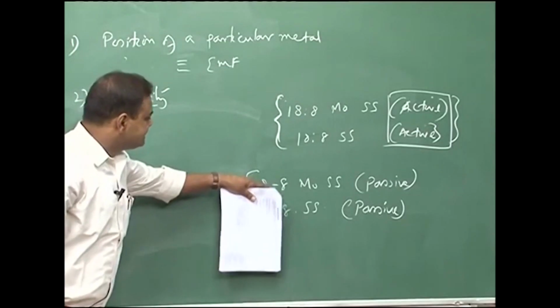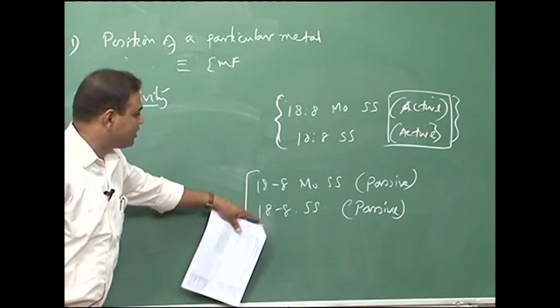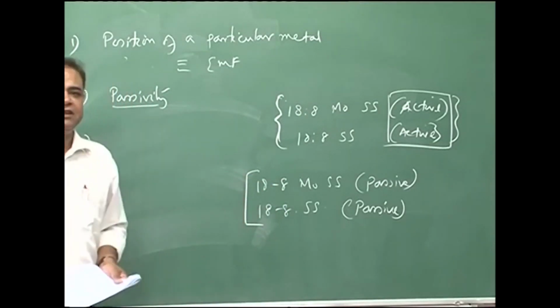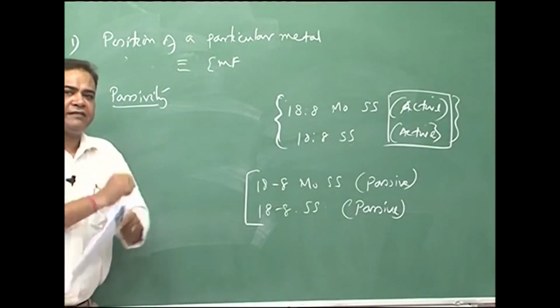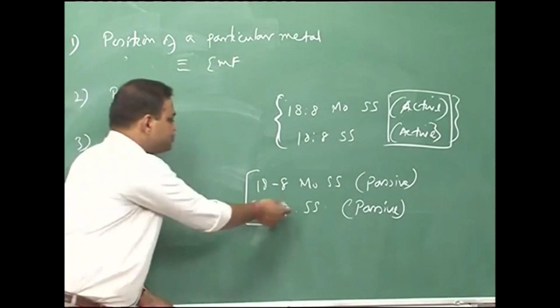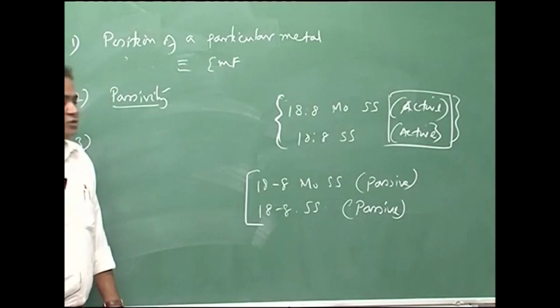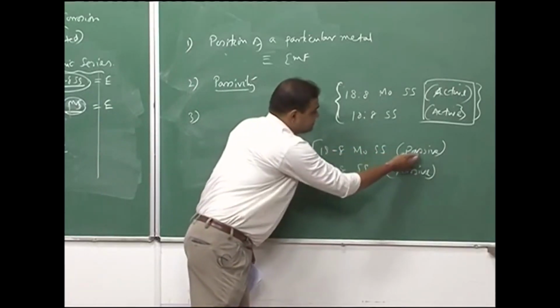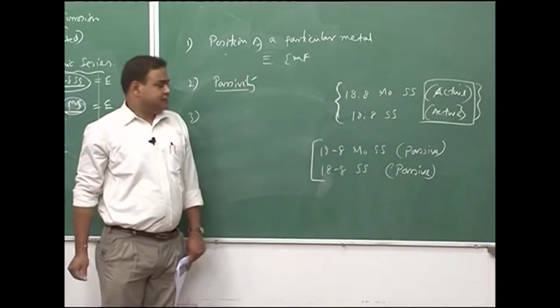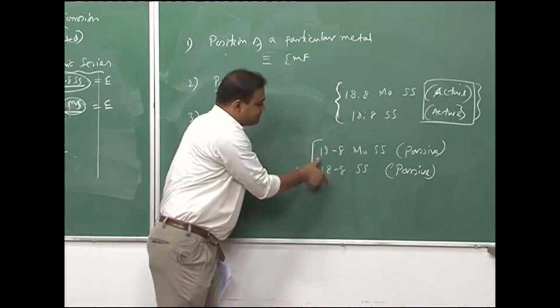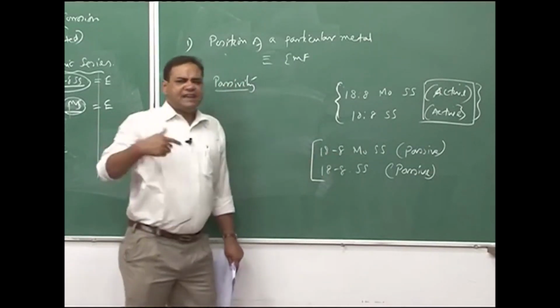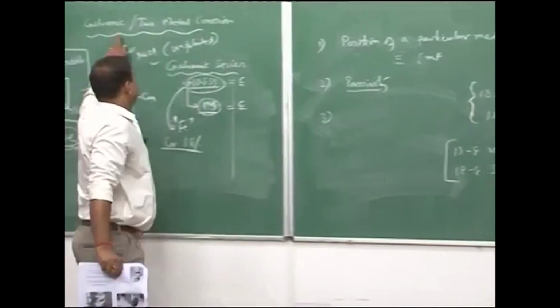It means that these two alloys will act similarly if we make a contact out of these two different alloy systems, and in both cases they have reached the passive state. So, if we combine them, there could be less galvanic effect.